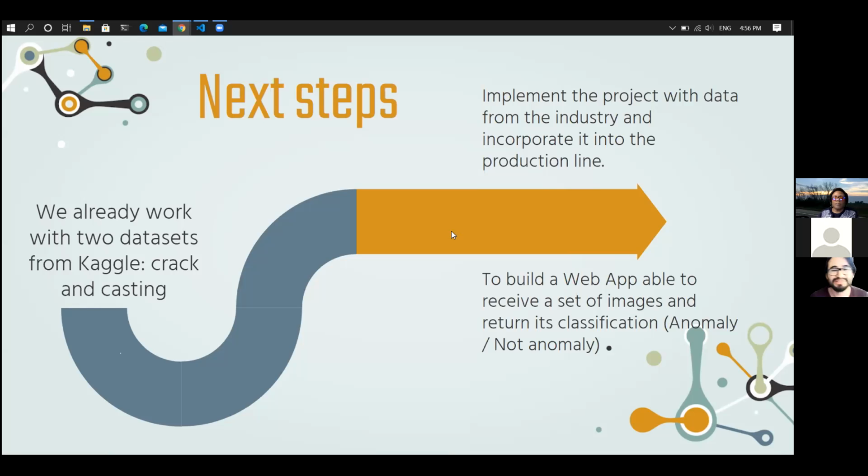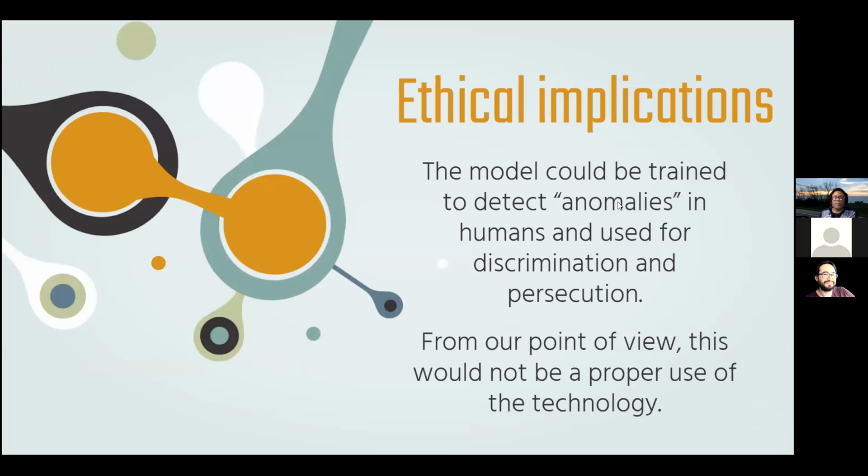Next one, please. Ethical implications. Well, there are many, but I think the most important one is, for example, if you are in a product line taking pictures of the product, and the product is something for the healthcare system, it's important that the product is always a perfect product.